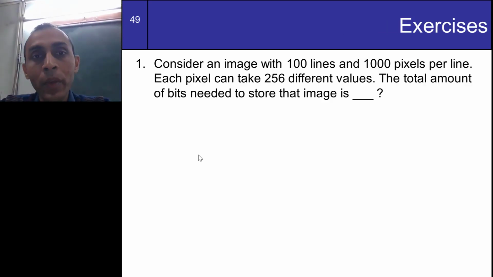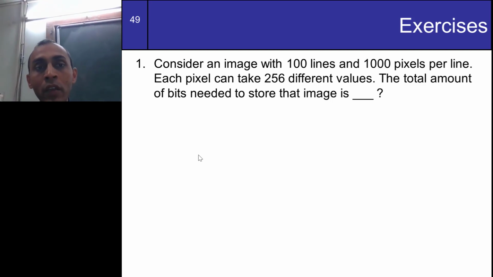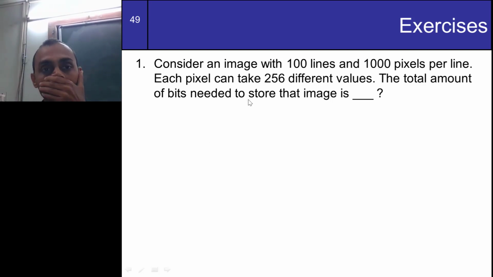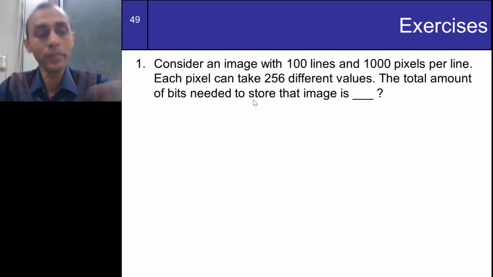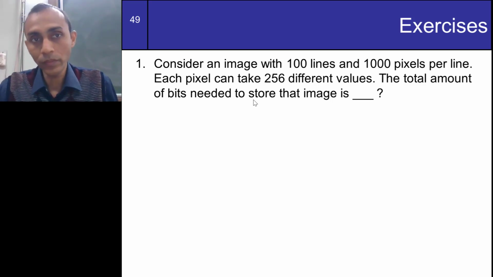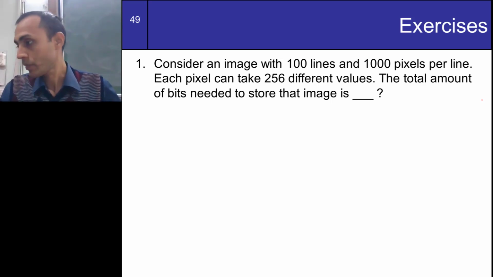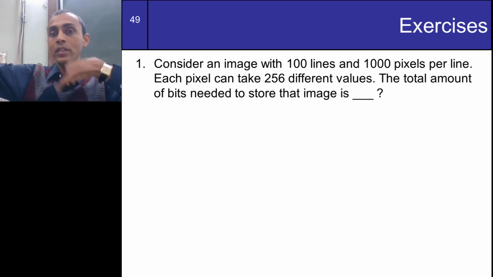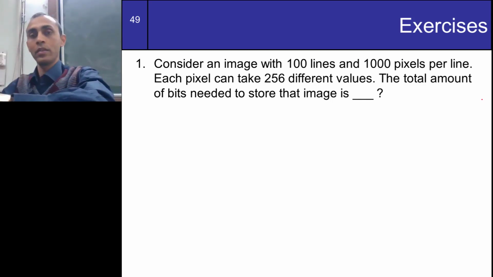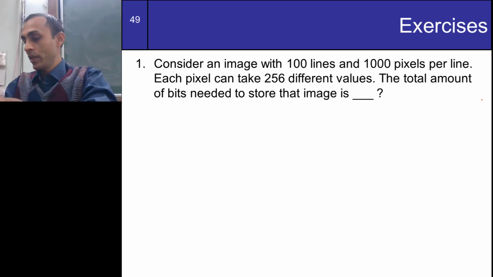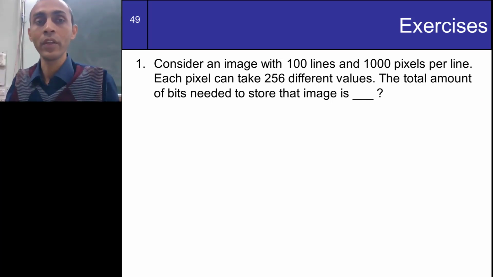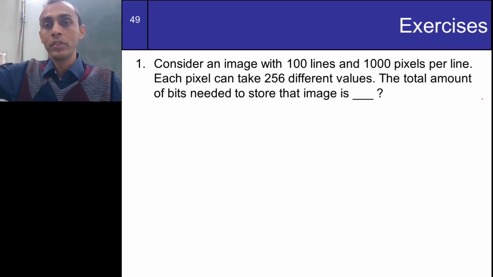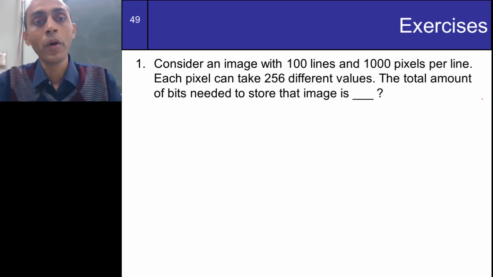Now some simple numerical exercise from the back of the book of Gonzalez. What will be the answer for this? We have an image with 100 lines and 1000 pixels per line. Each pixel can take 256 different values. So what is the total amount of bits?